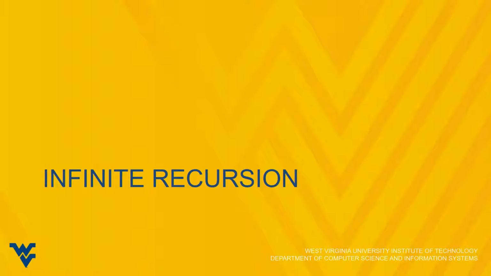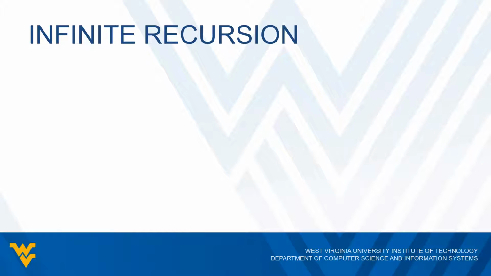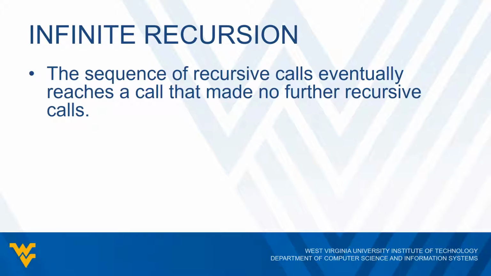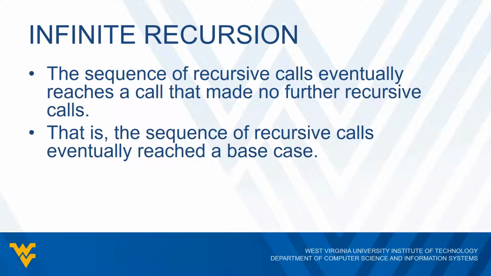We'll now discuss one more issue with recursion, which is what we call infinite recursion. So we see that we have a sequence of recursive calls, and eventually that sequence of calls is going to get to a call that makes no further recursive calls. What we're saying here is that the sequence of recursive calls eventually gets to a base case. We mentioned that before as one of our observations, where if we have a chain of recursive calls, we eventually get to a base case.